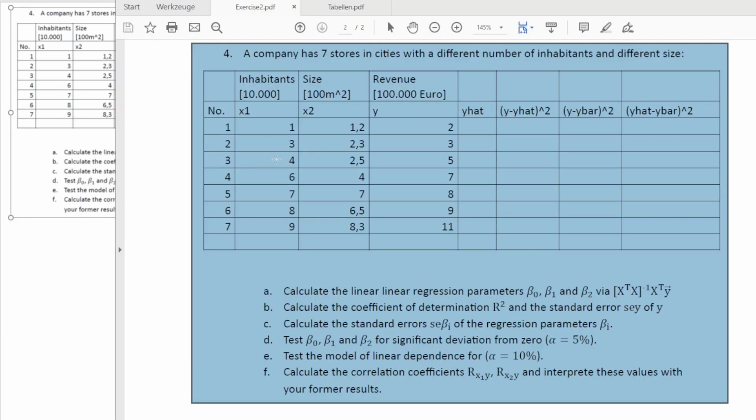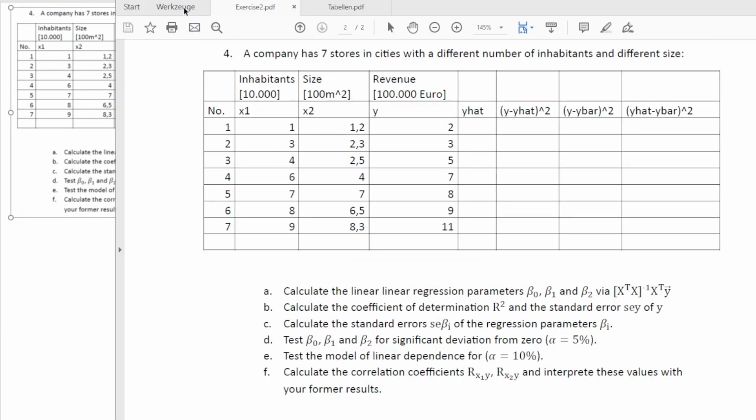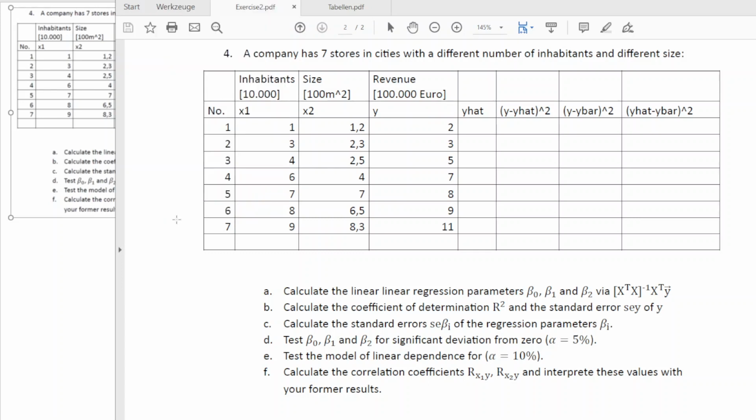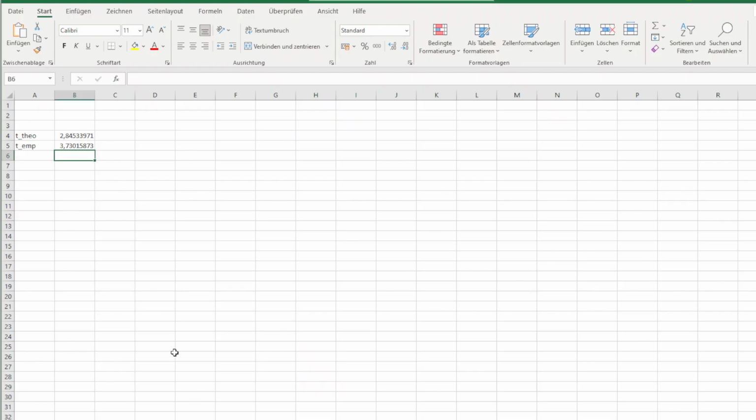So for this, at first, I also always want to show you how to get data out of the internet into your software package. So let's try how this data is taken.